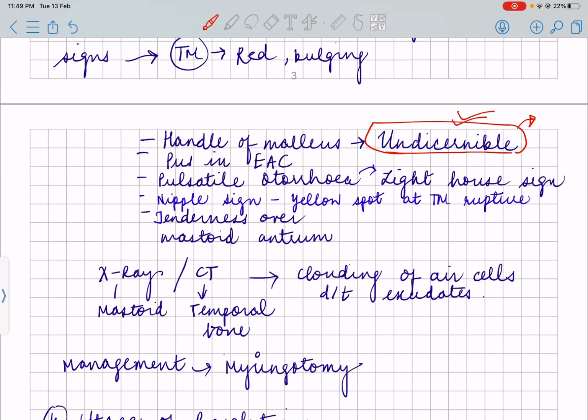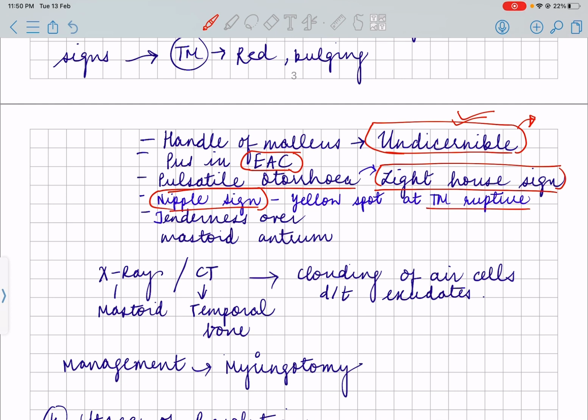And there'll be pus in the external auditory canal. There will be pulsatile otorrhea from the TM rupture, which will resemble the lighthouse sign. There will be a nipple sign, which will be significant at the site of the TM rupture.